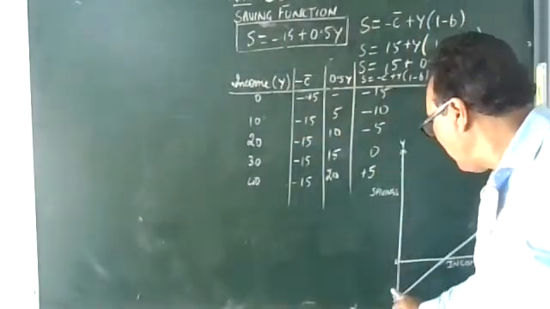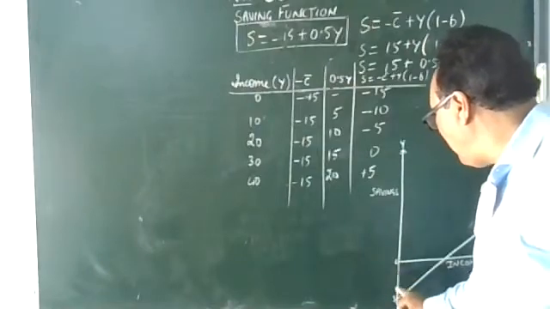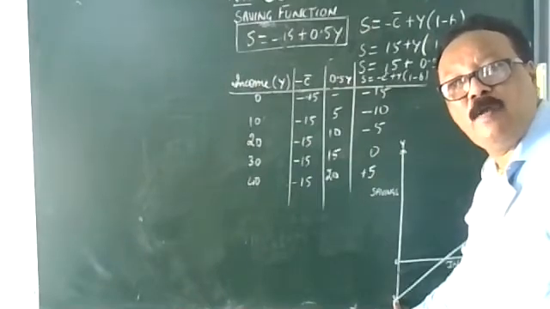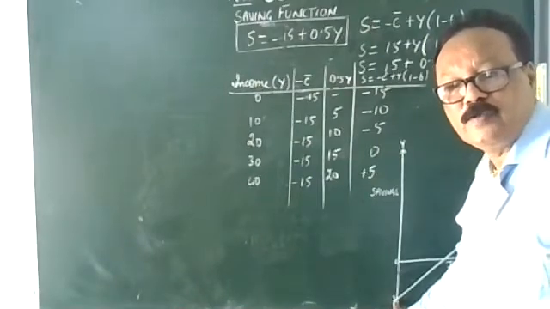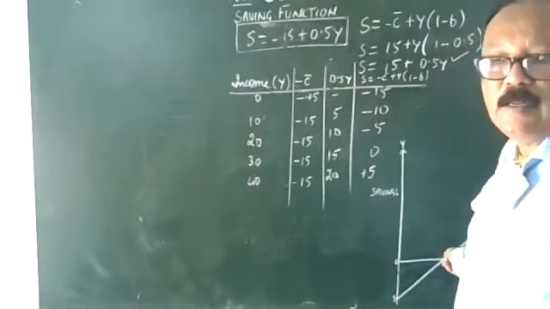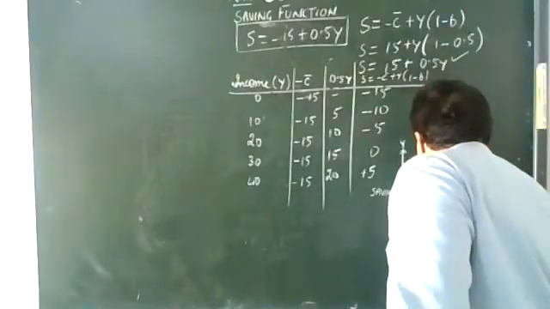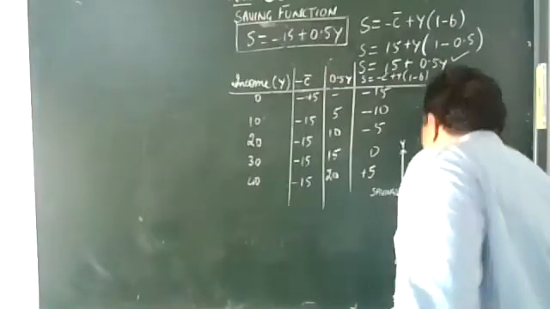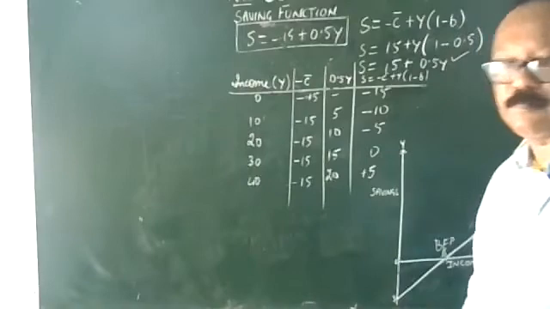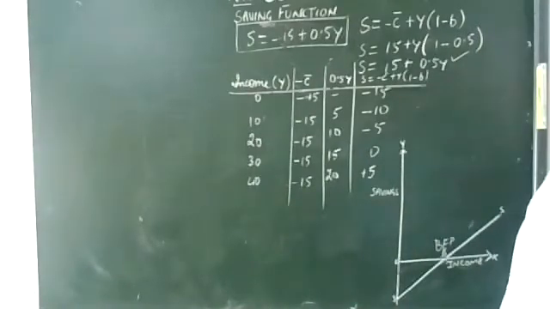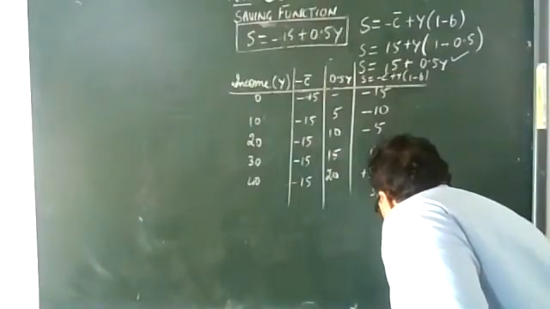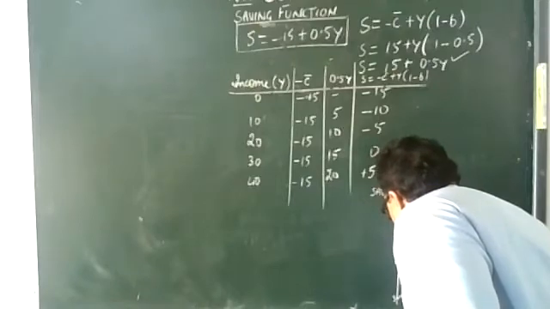So it begins from the y-axis in the negative. Now this point where the saving line cuts the income line is called BEP, break even point. Let's give it a name, E. Now this portion below will be the savings, showing you the savings.